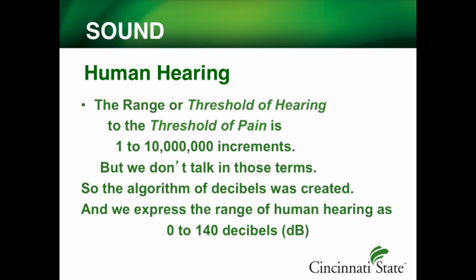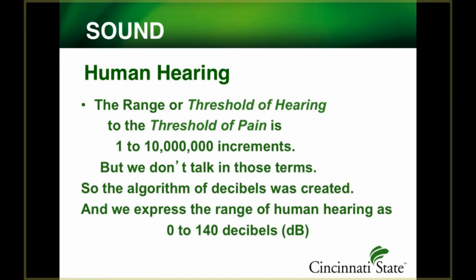Human hearing. All right, how much can we take? Our ears can only take so much pressure change before they start to hurt or we get permanent damage. And we only hear things so loud. The range of human hearing, from minimum to threshold of pain, scientifically goes from 1 to 10 million increments, but that would be really difficult to put on a stereo system or to measure.